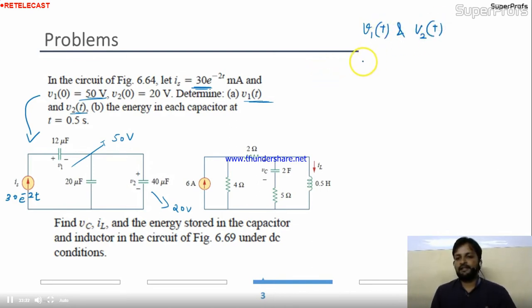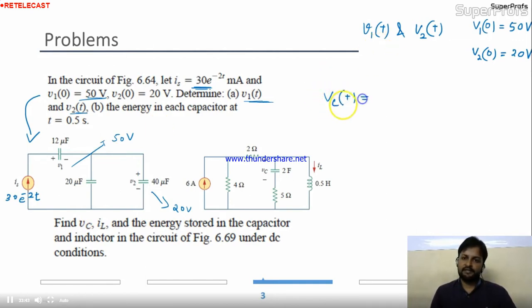The initial values of the voltage across the capacitor are given. V1(0) is nothing but 50 volt. V20 is given as 20 volt. Now the voltage equation across the capacitor is 1 by C, integral from 0 to t of IC(t) dt, plus the initial value.